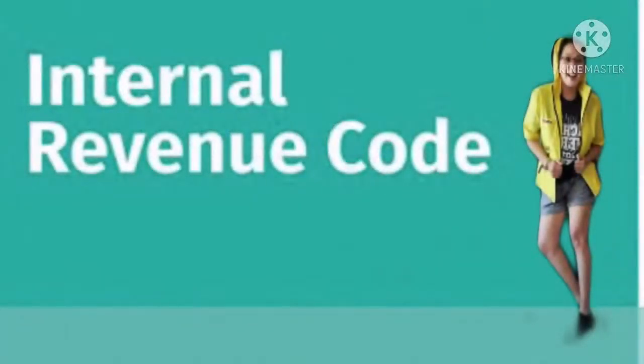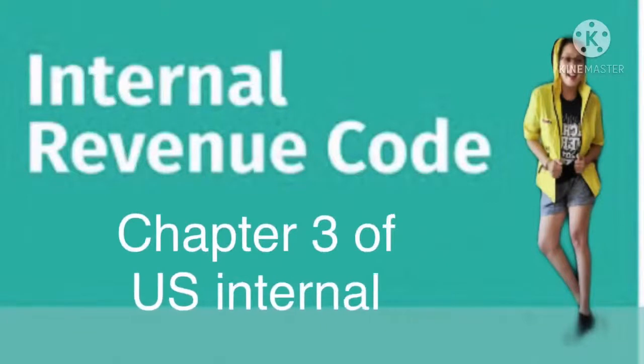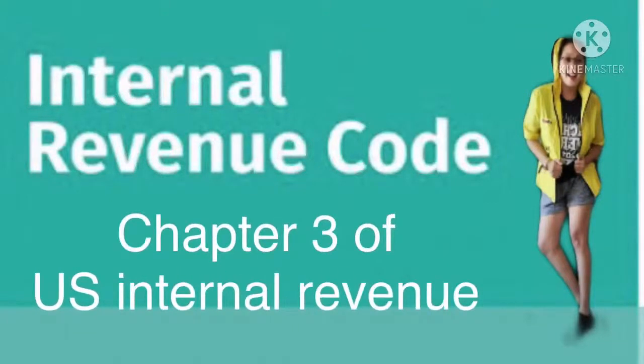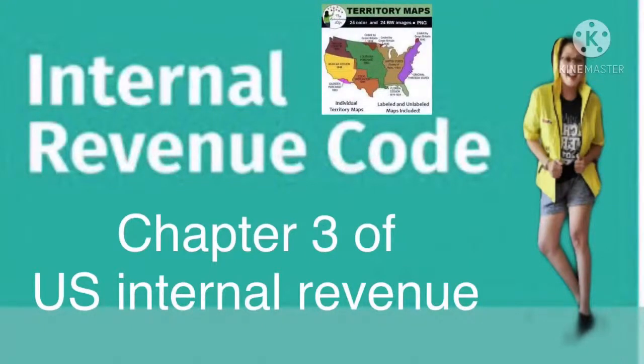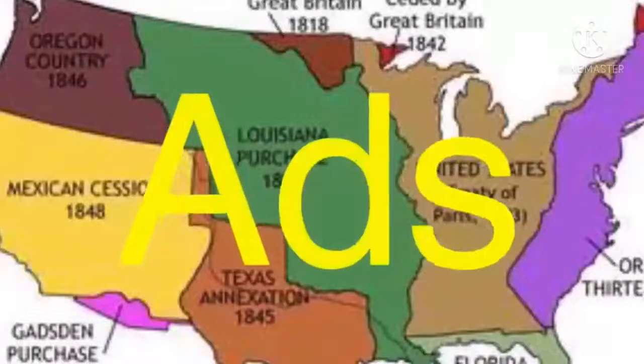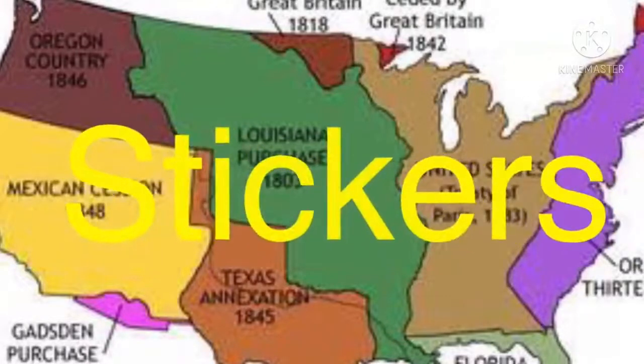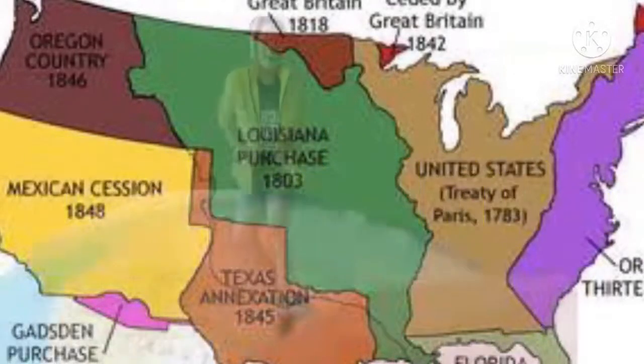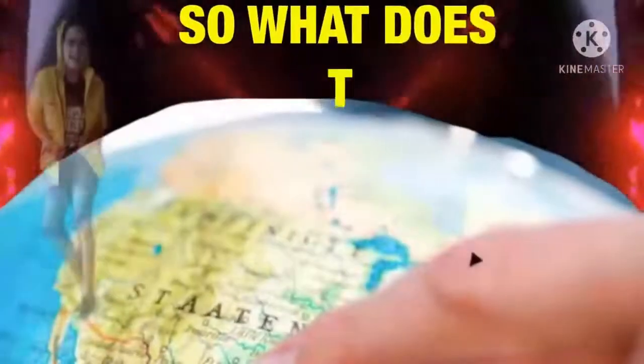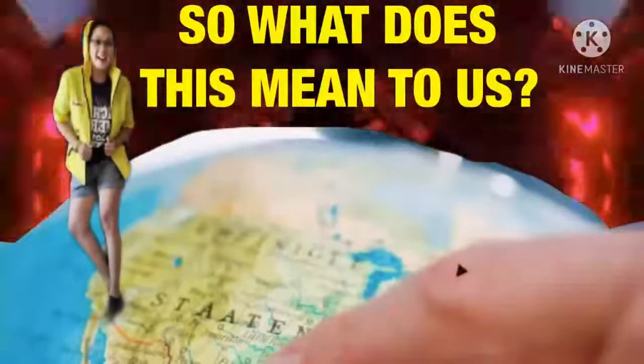Google has a responsibility under Chapter 3 of the US Internal Revenue Code to collect tax information from all monetizing creators outside of the US, meaning tayong mga creators na hindi taga-US ay magbabayad na ng tax doon sa kita natin from US ads, views, super chats, memberships, stickers, and premiums na galing lahat sa US. So what does this mean to us?